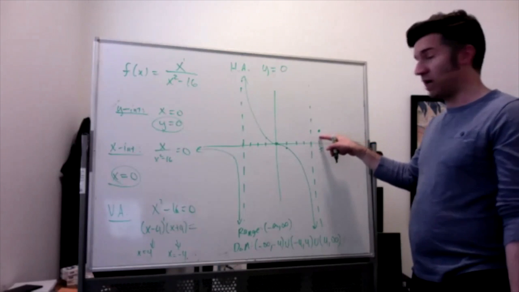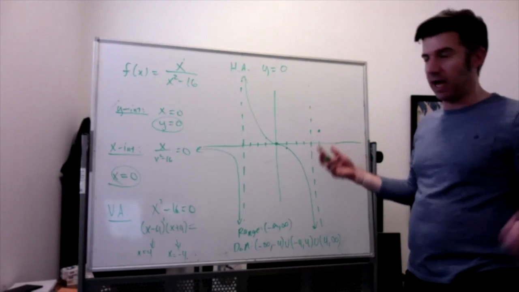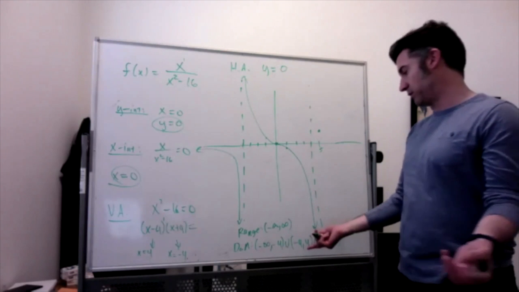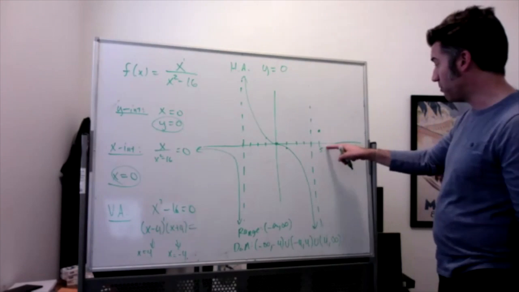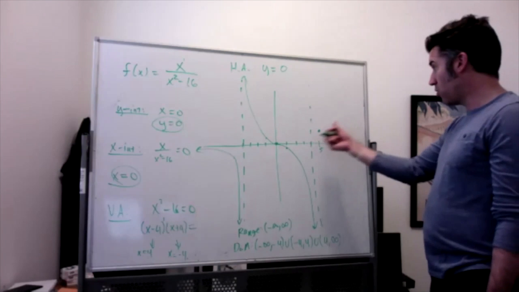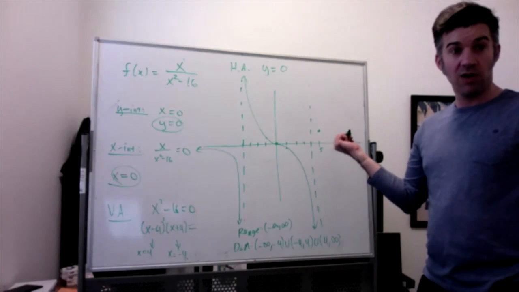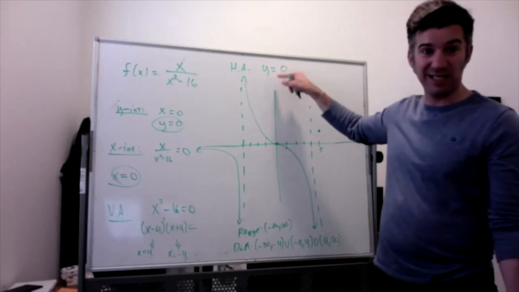Now, I have to have every x value in the domain. So the x values get bigger as I go this way. What does the function have to do? Well, we have a horizontal asymptote.